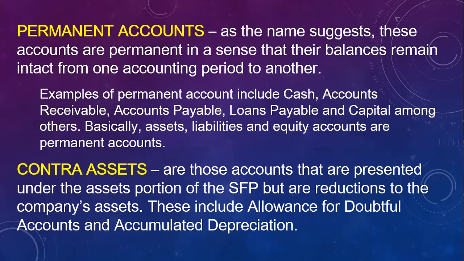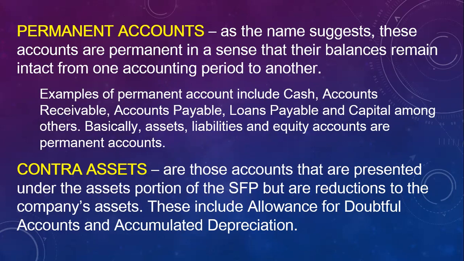Okay? So, contra assets. These are accounts that are presented under the assets portion of the SFP but are reductions to the company's assets. This includes allowance for doubtful accounts and accumulated depreciation. Bakit siya tinawag na contra assets? Kasi under siya sa assets na accounts pero nagde-deduct ka, nagma-minus ka.